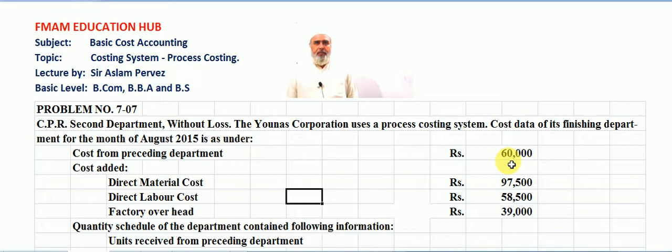Now the costs are: direct material cost is 97,500 rupees, direct labor cost 58,500 rupees, and factory overhead 39,000 rupees.